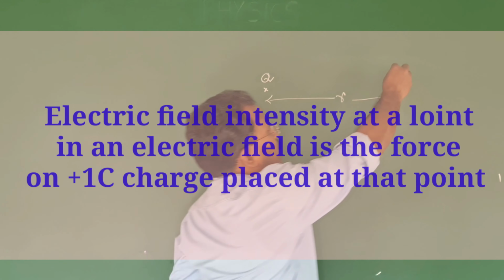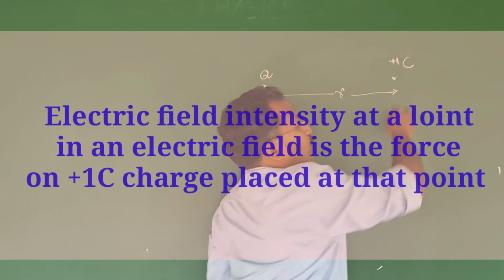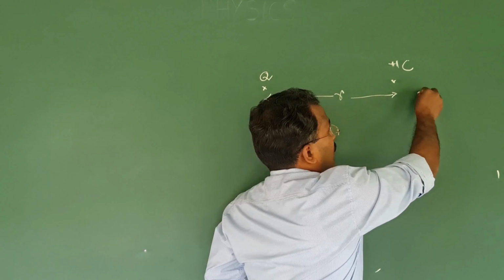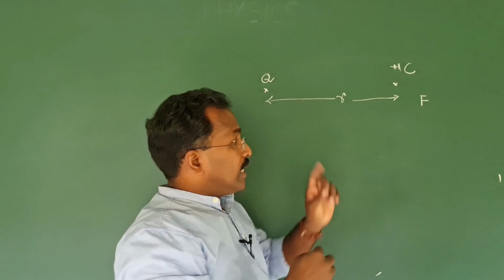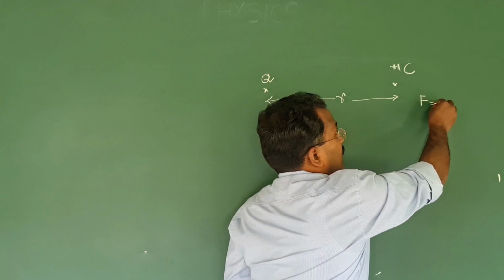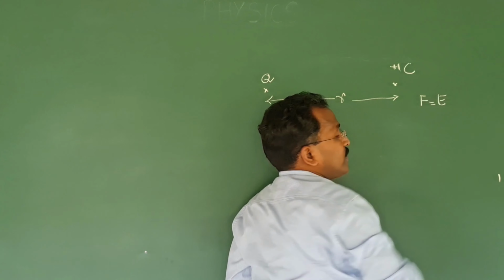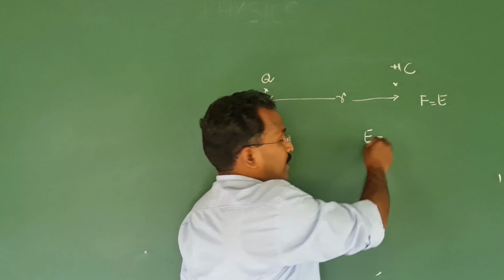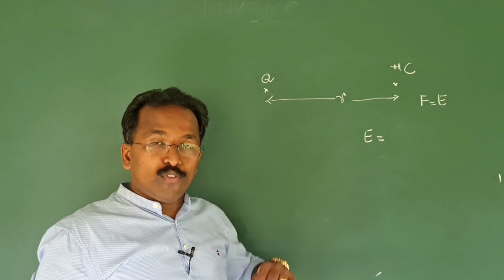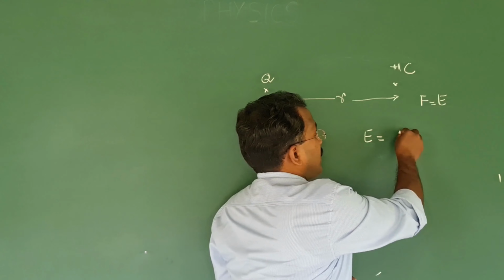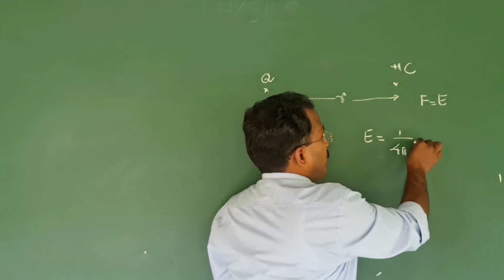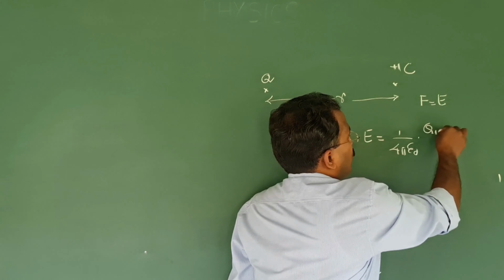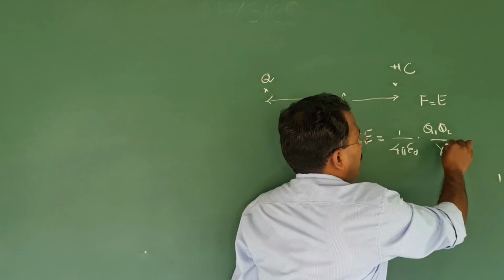So, you imagine a plus 1 coulomb charge to be there. I calculate the force on that charge, and that force is the electric field intensity. I use Coulomb's law for that. The equation is 1 by 4 pi epsilon 0 into Q1 Q2 by r square.